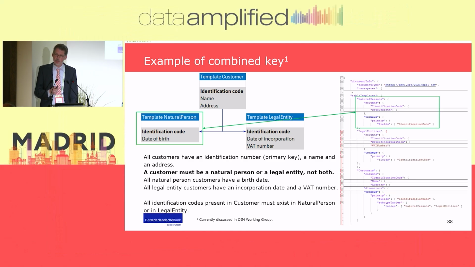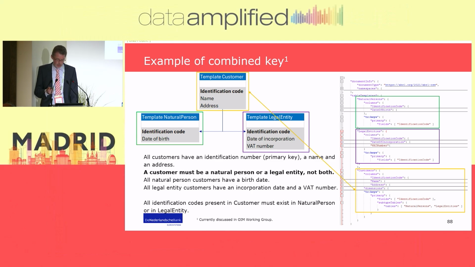The way to see this within the xBRL-CSV structure is like this. We would have the primary key defined for natural persons. We would have the primary key, of course, defined for legal entity. And we would have a primary key defined for customer with the additional specification that values for the primary key must also appear in the other primary keys.